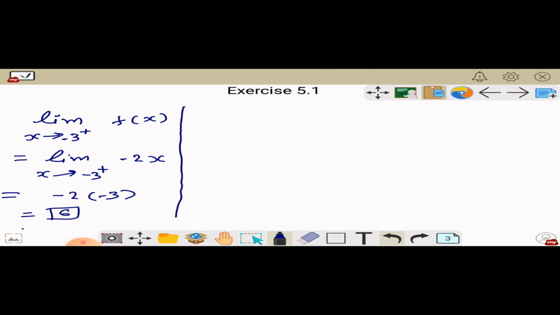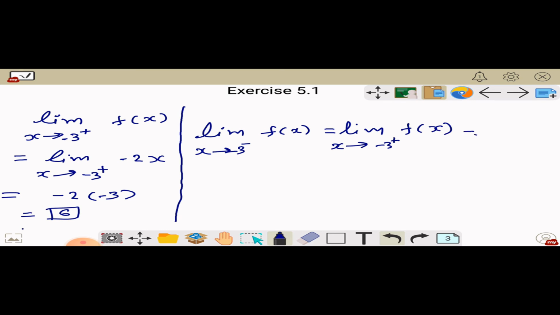So here we can see that our left limit and our right limit are equal, and equal to f of minus 3. So limit x tends to minus 3 minus f of x is equal to limit x tends to minus 3 plus f of x is equal to f of minus 3. So at x equals minus 3, our function is continuous.